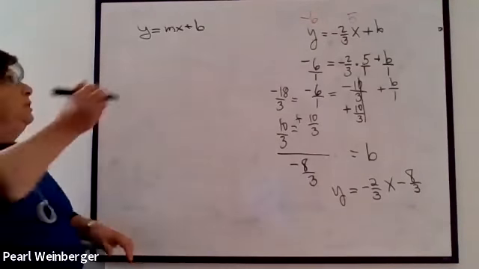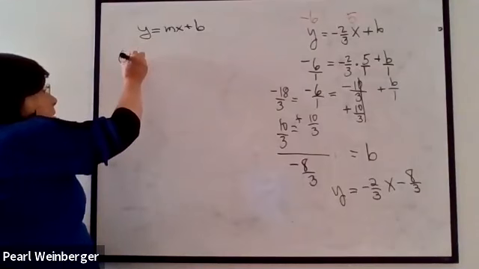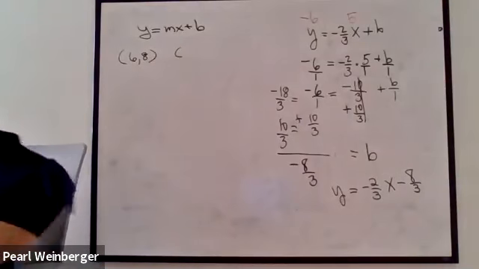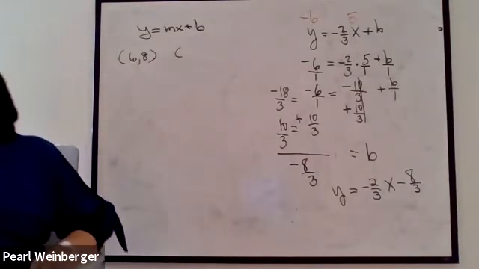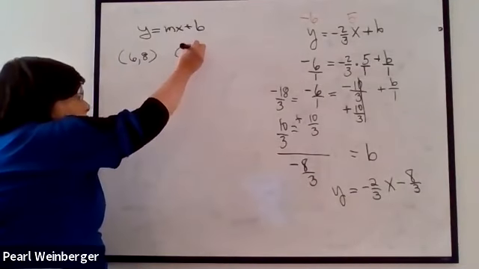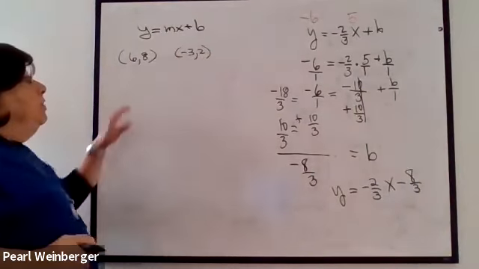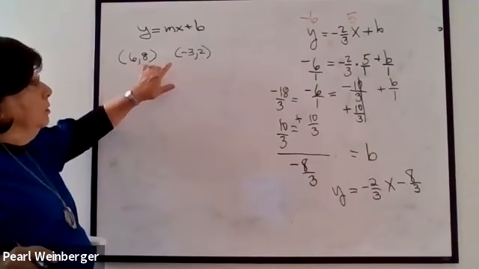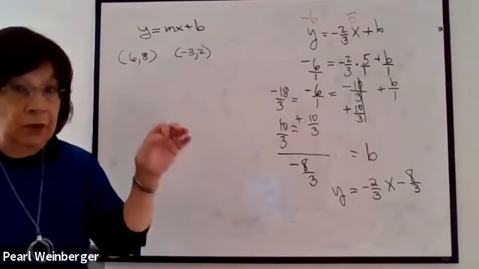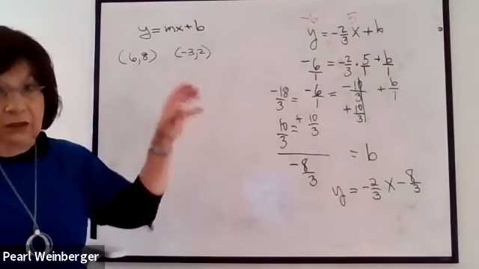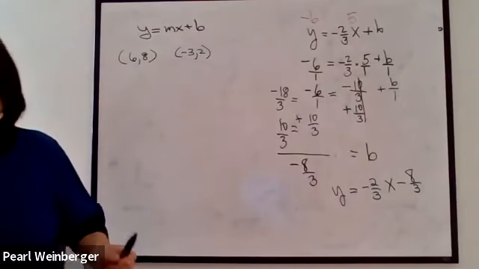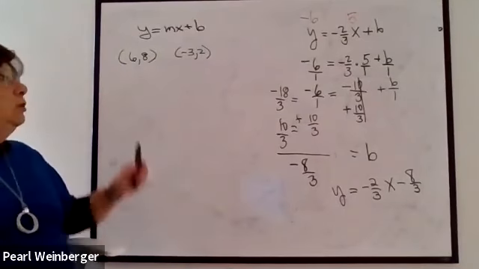One point is (6, 8), and one is the point (-3, 2). I would like you to find the equation of the line between these 2 points. Again, the first thing you'll do is find the slope, and then you'll stick this into one of these points into the equation to get your y-intercept, so you'll have the whole equation.